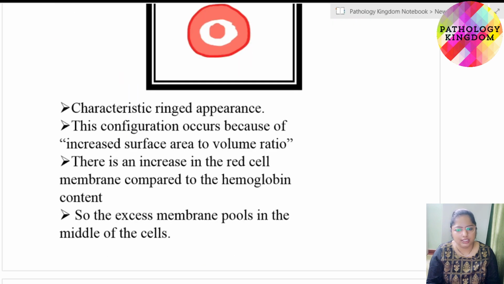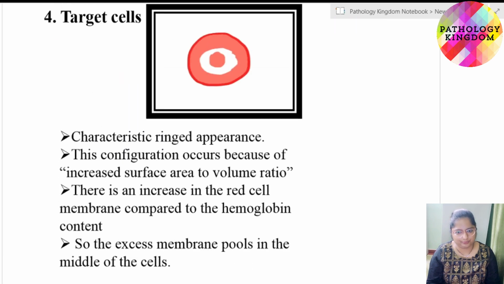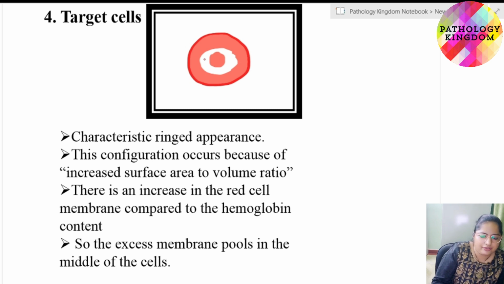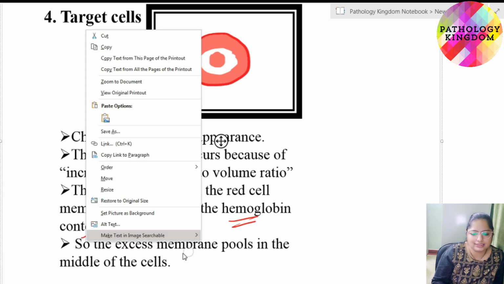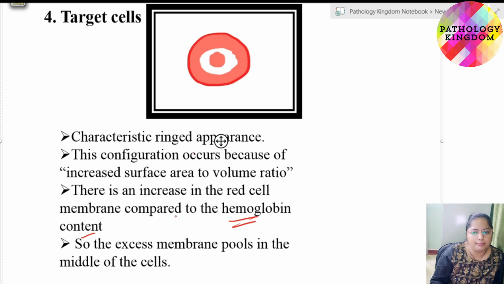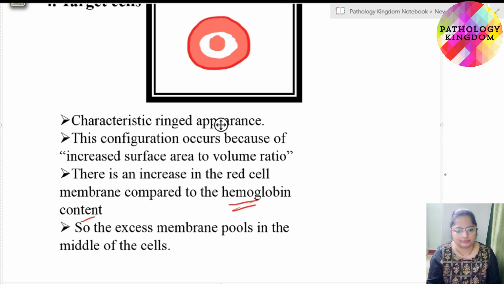Now coming on to the target cells. They have a characteristic ringed appearance. This configuration occurs because of increased surface area to volume ratio, and there is an increase in the red cell membrane compared to hemoglobin content. So the excess membrane pools in the middle of the cell, and it appears as a ringed appearance.